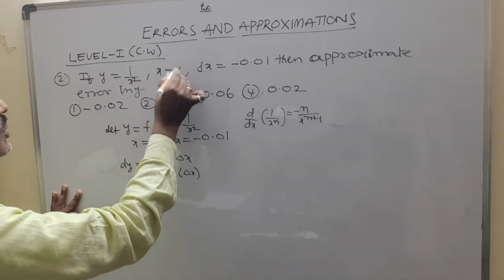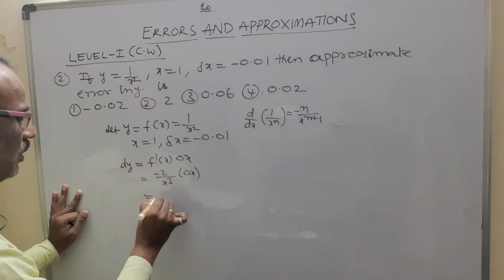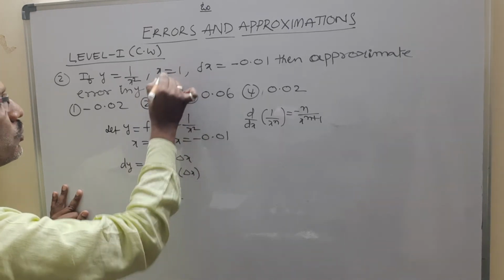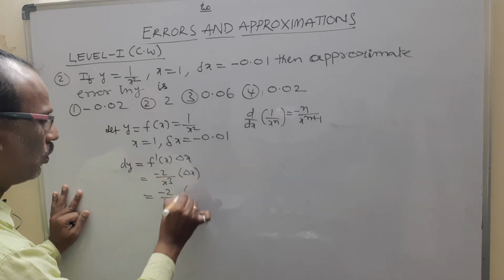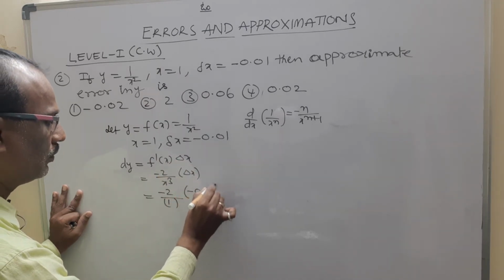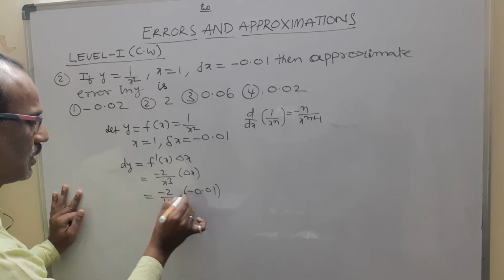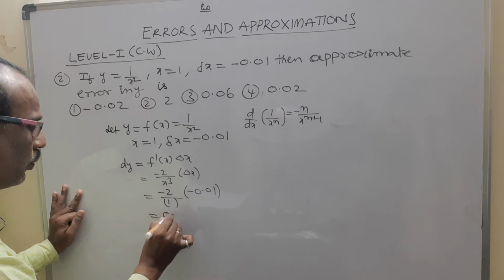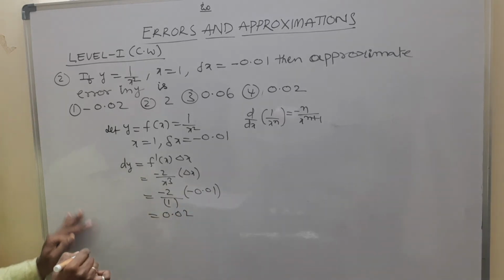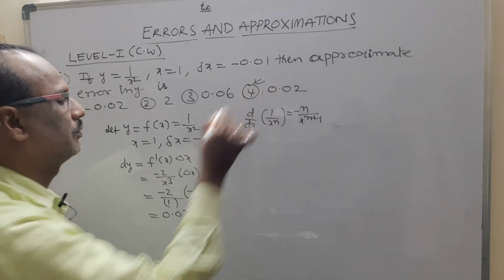Here the x value is 1, so minus 2, and delta x is equal to minus 0.01. Minus into minus is plus, the answer is 0.01 into 2, which is 0.02. The fourth option is correct.